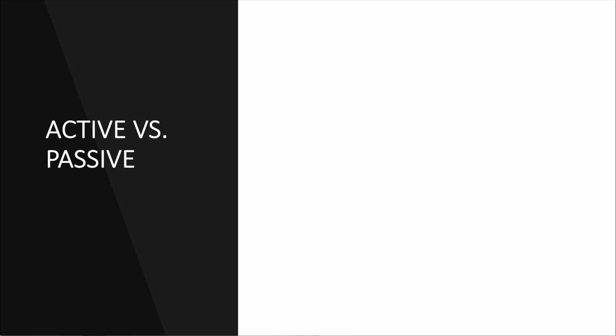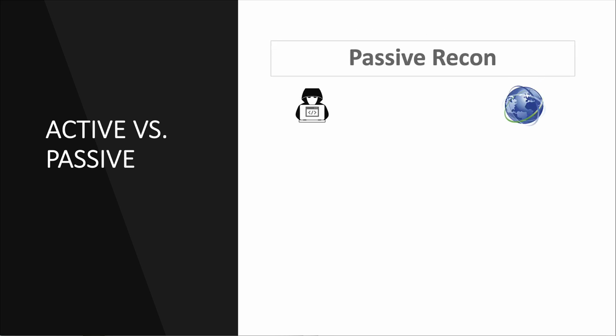Related to legal matters is the categorization of footprinting in terms of target interaction and also traceability back to the hacker or the penetration tester. For example, passive footprinting is all about getting publicly accessible information.